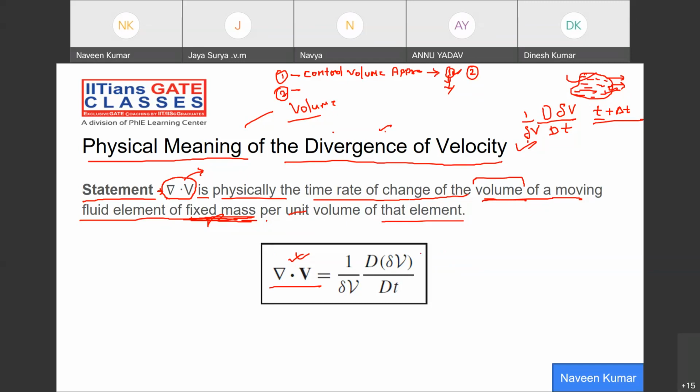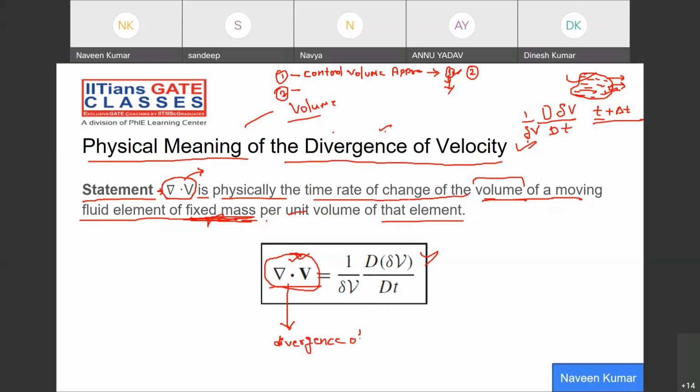I'll show you one question based on this, and I'll ask you something. So del dot V, what is this called? This is the divergence of velocity, right? Yes, sir. Divergence of velocity.